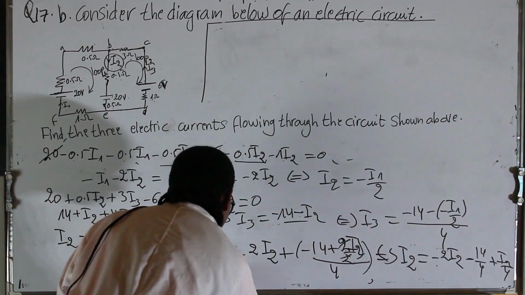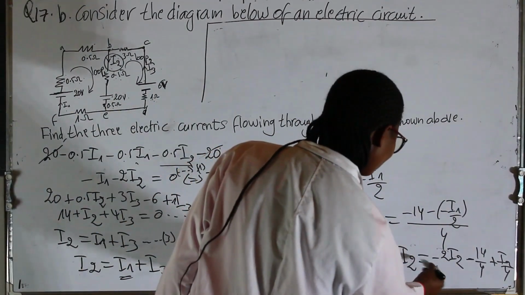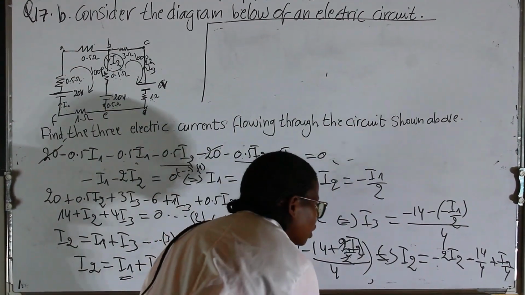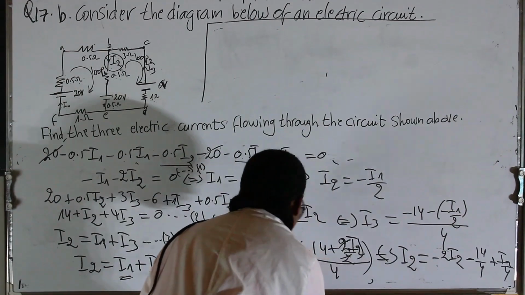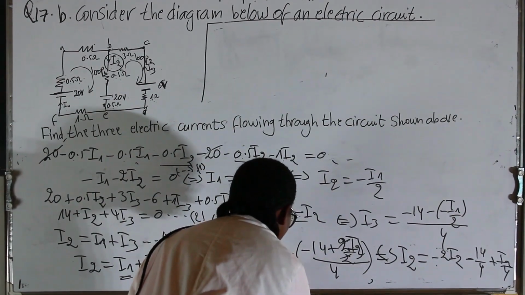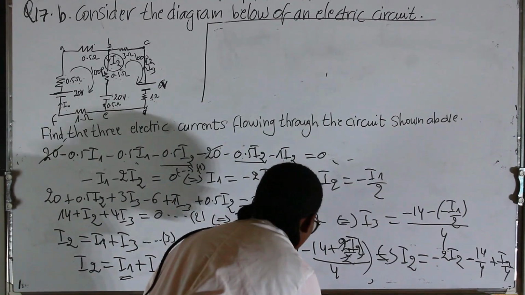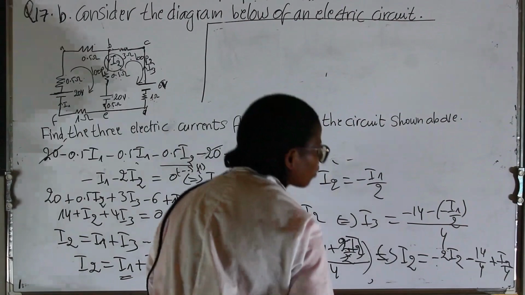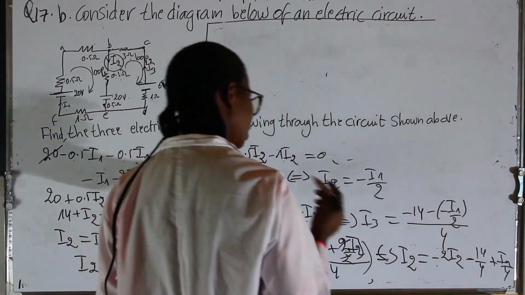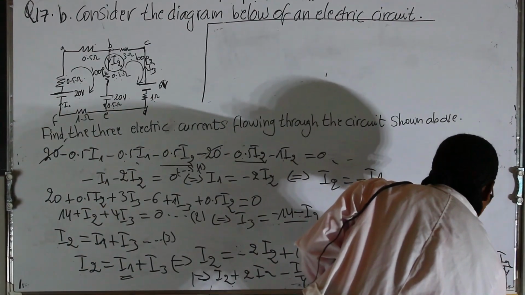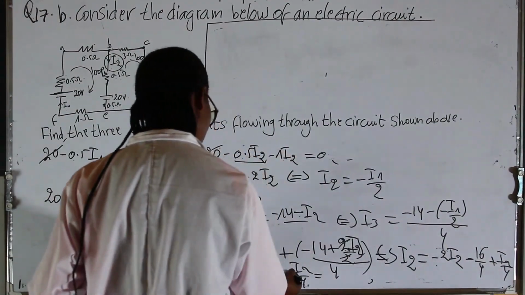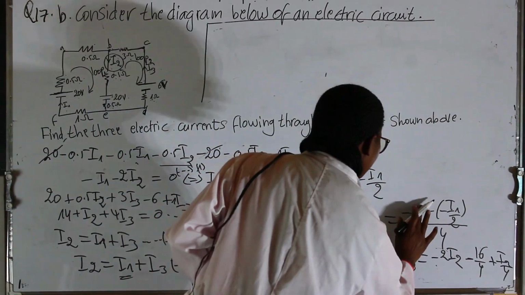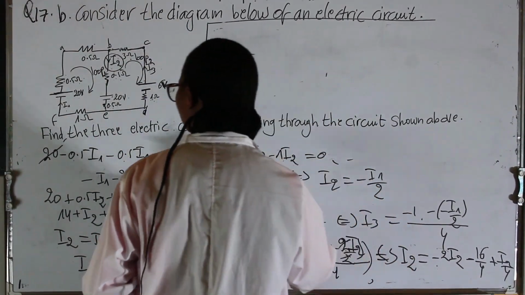Then we have I2 minus, this will have plus 2 I2, minus I2 over 4, which is equal to 14, here is 16, not 14, sorry. Here is 16, because it is 20 minus 6. 20 minus 6.